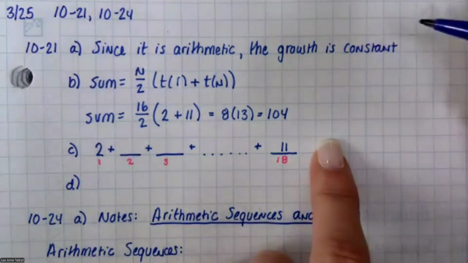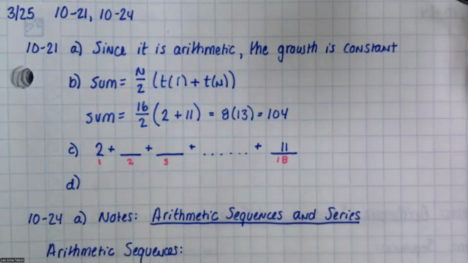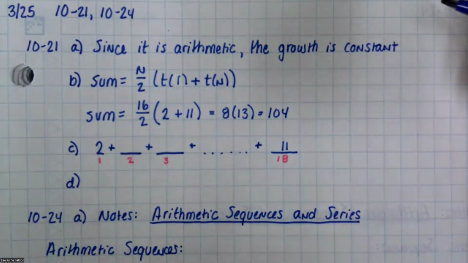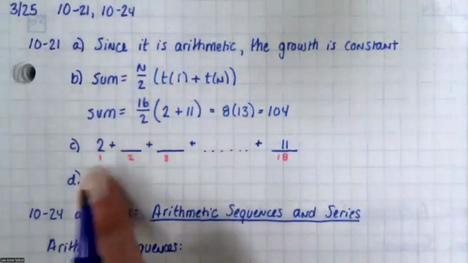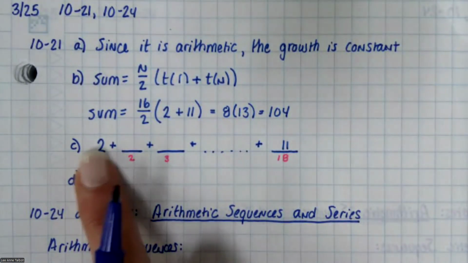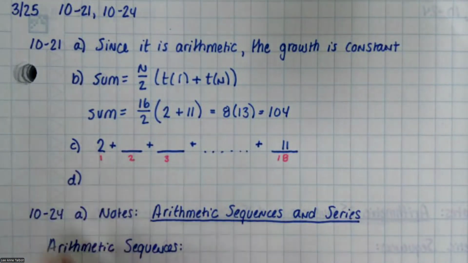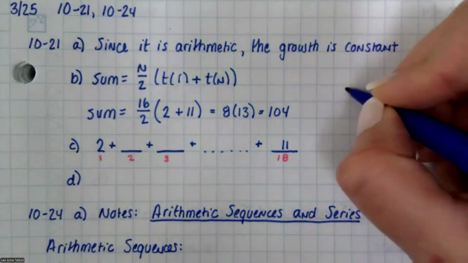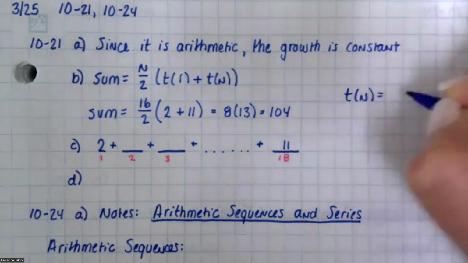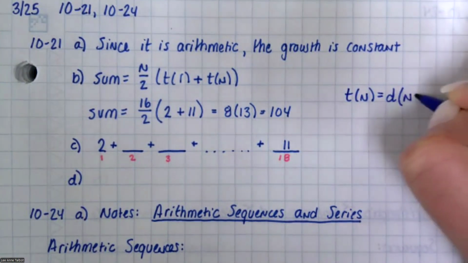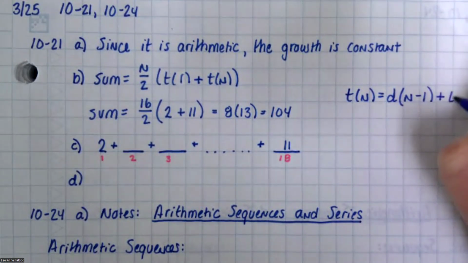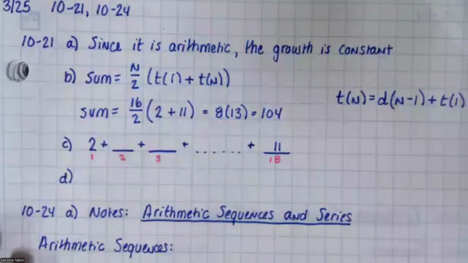And when we're missing something, what did I always say to do? Go to the equation. Okay, and in this one, we have to use it in terms of the first term because we don't know the growth. So I'm going to write T of n equals D times n minus 1 plus T1.